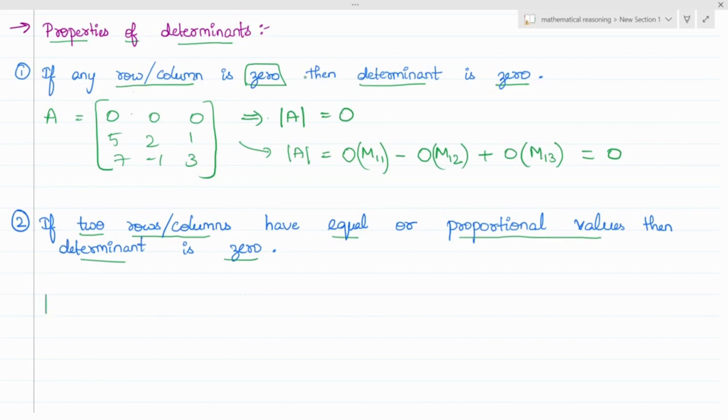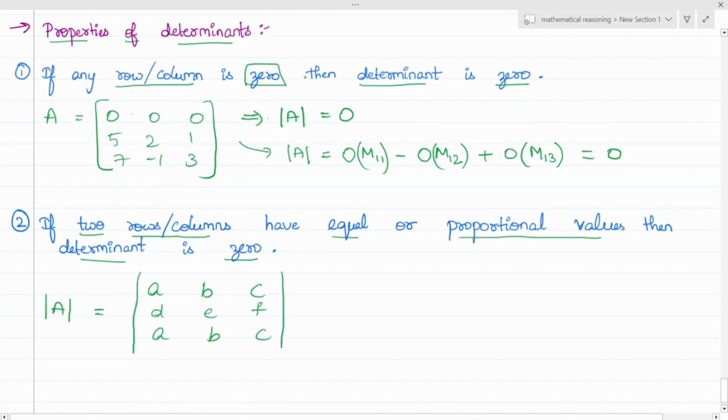For example, if the determinant A has the elements A, B, C, D, E, F, and again A, B, C, then this determinant will be 0. Why? Because if you observe, the first and the third rows have equal values. So the determinant will be 0.